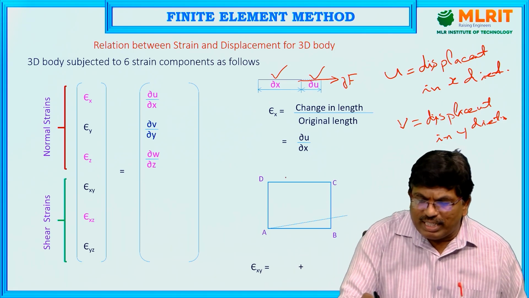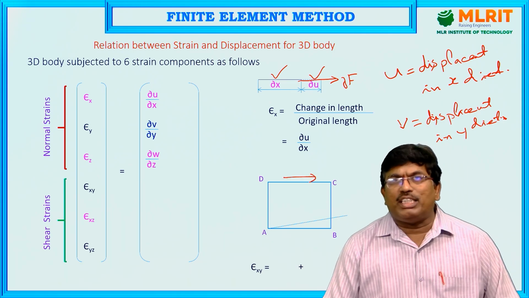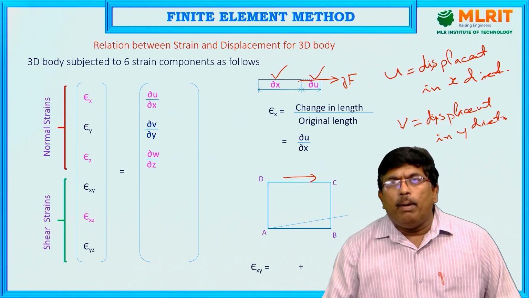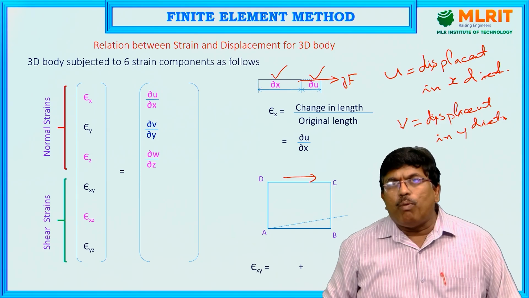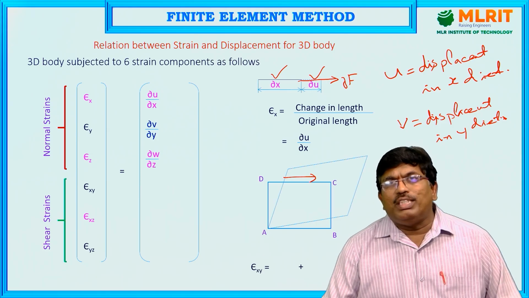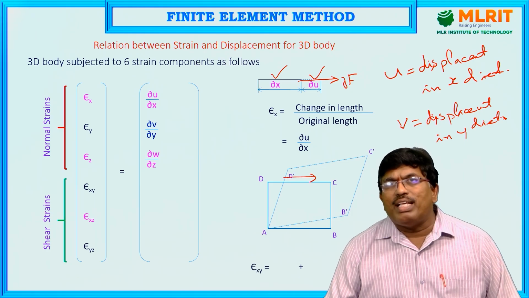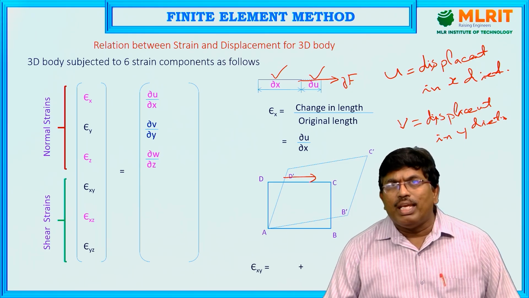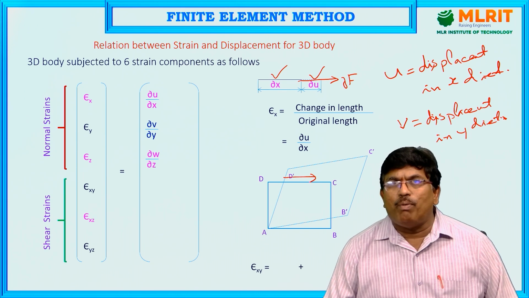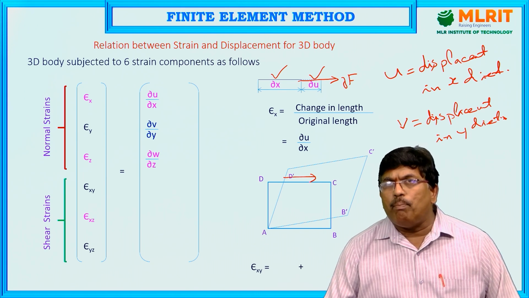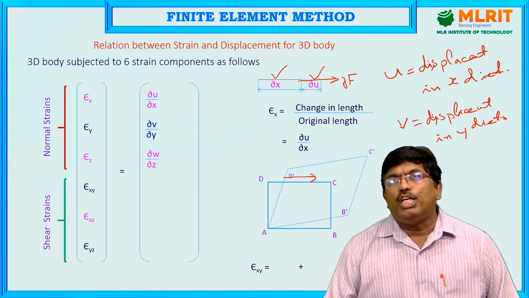Suppose the load is acting in this direction, that means parallel to the failure area, then the body will be deformed like this. So this is a deformed body. Let us take the deformed body as A dash, B dash, C dash and D dash. So here A, B, C, D is an undeformed body, and A dash, B dash, C dash, D dash is a deformed body.